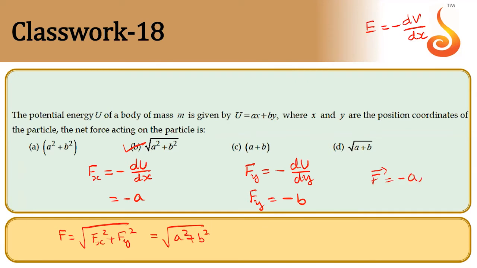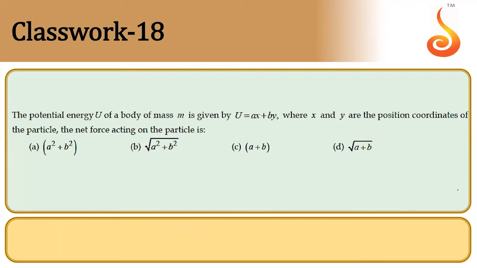Minus A i cap minus B j cap. This is net force. Magnitude is this. Again, magnitude only is the option. So take that. Yes. Hope you have taken this. Shall move on to next.